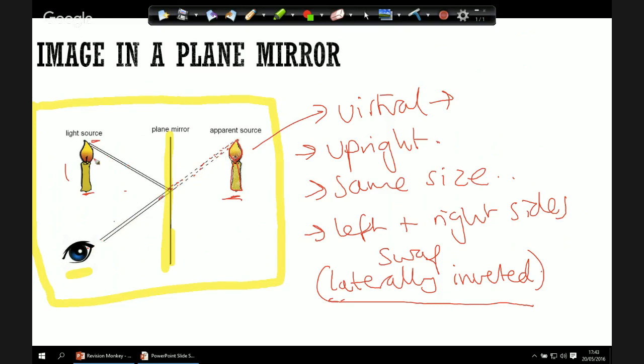Now these need arrows on them. It's really important that the light is going to the eye, like this, and not coming out of the eye. So don't forget that the reason that you see something is because light goes in the eye and not because you've got these eyes that are amazing at shining light.